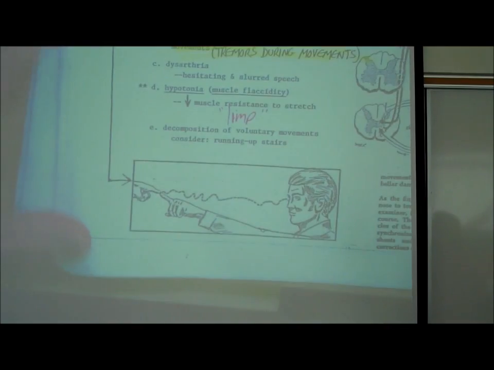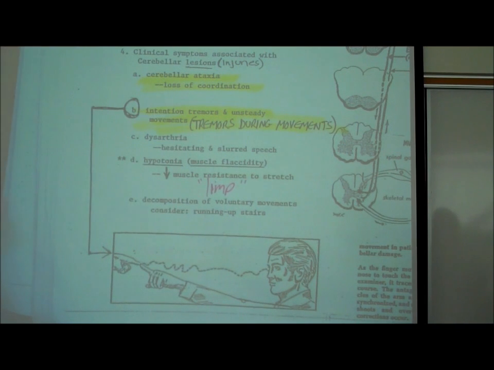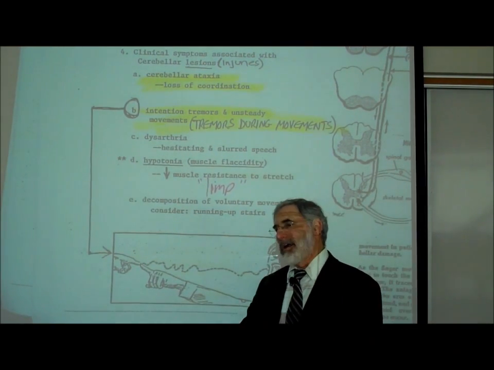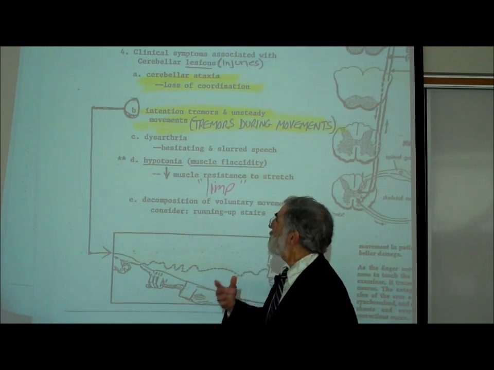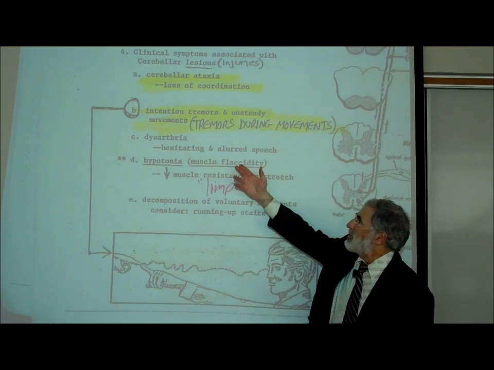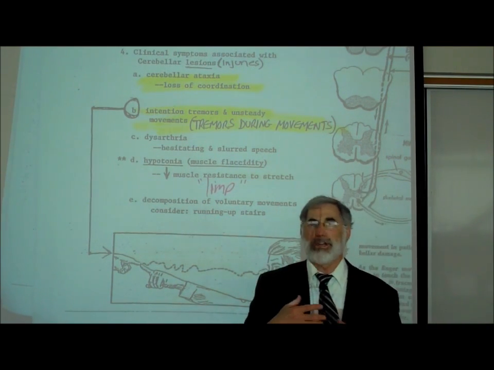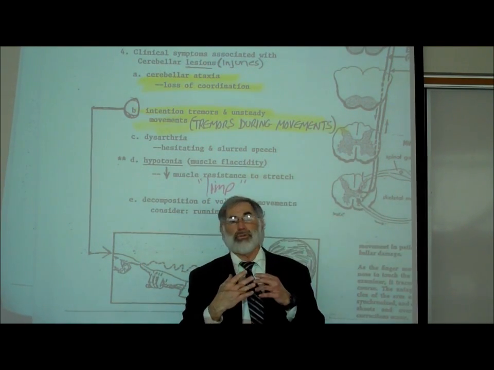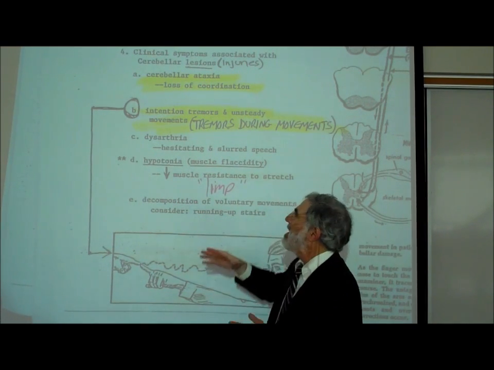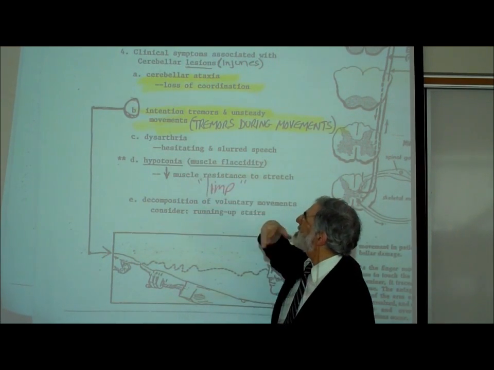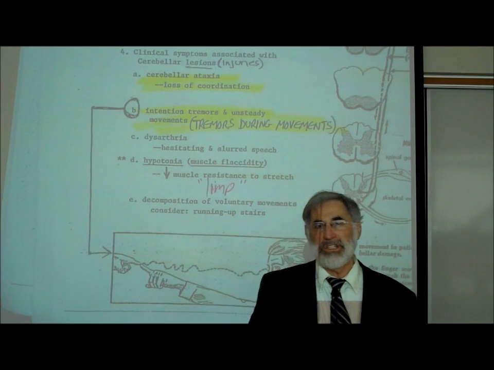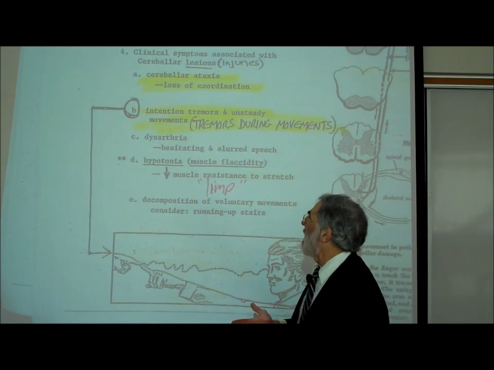Another symptom of cerebellar damage is that it not only affects voluntary movement of our arms and legs, but it also affects speech. Obviously, in order to speak, it requires coordination of our vocal cords, our lips, our tongue. And so the person exhibits hesitating and slurred speech known as dysarthria.